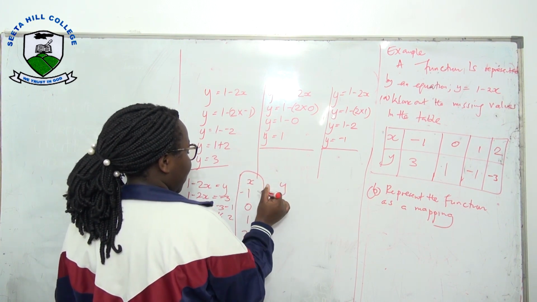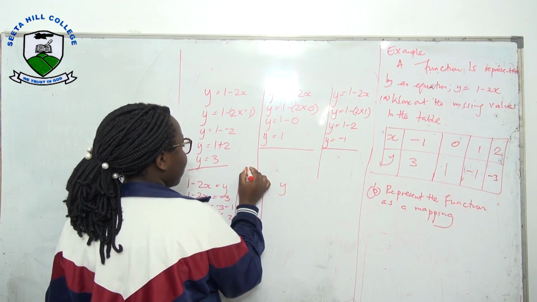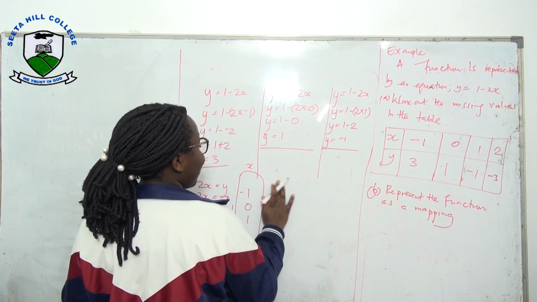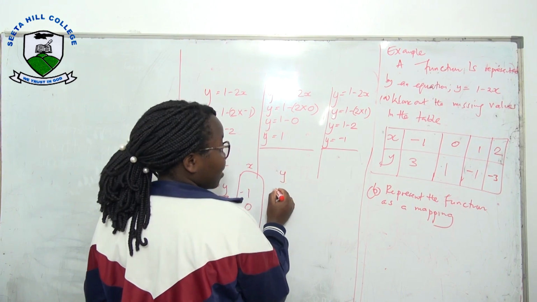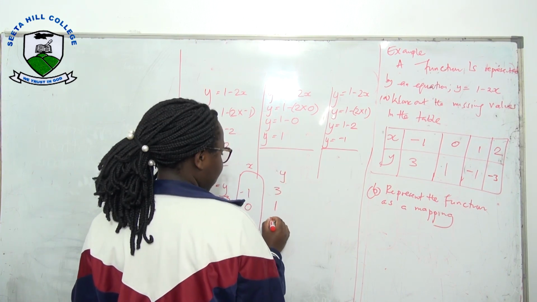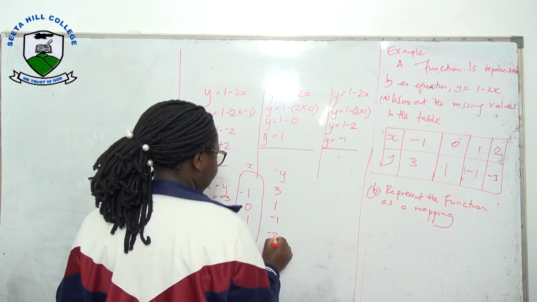Then for the range we have 3, 1, negative 1, negative 3.